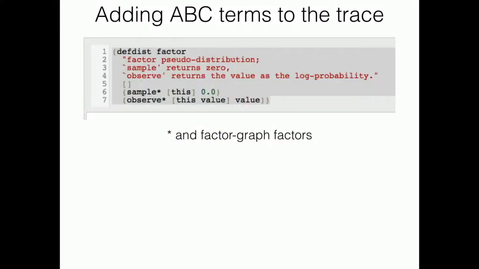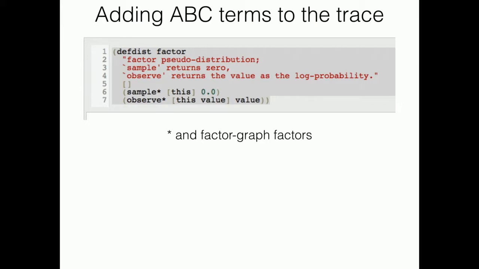So you can define any distribution. In fact, this is how all distributions are defined in Anglican. They're defined external to the language and are compiled in. So if this is def-dis normal, then sample star would be an implementation of a sampler for a normal distribution.